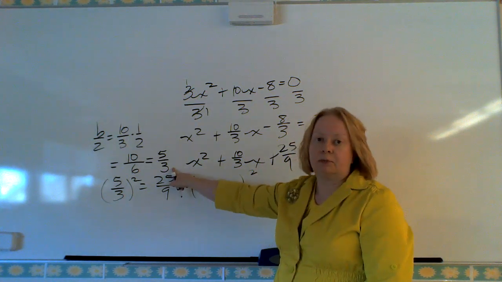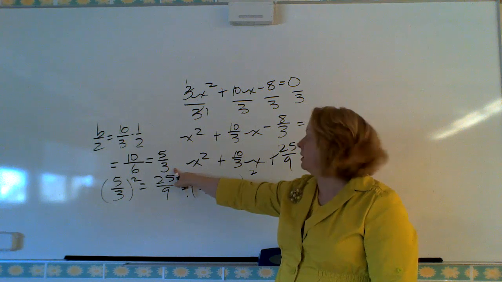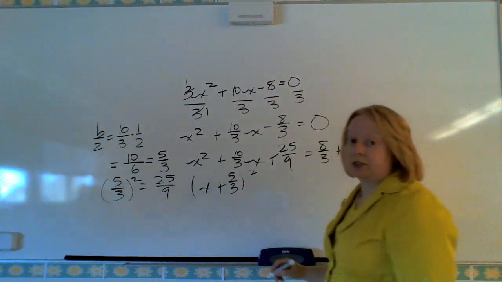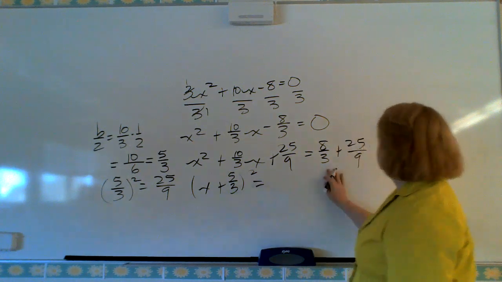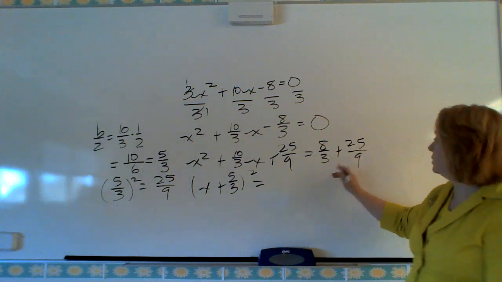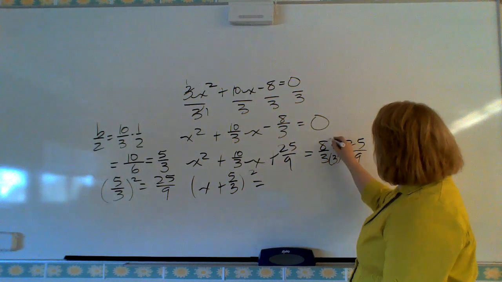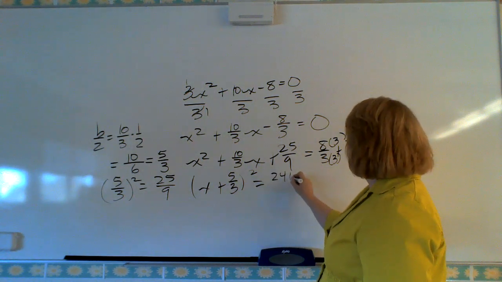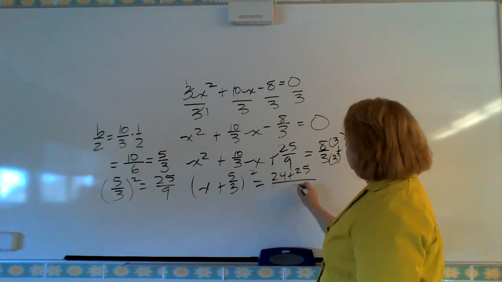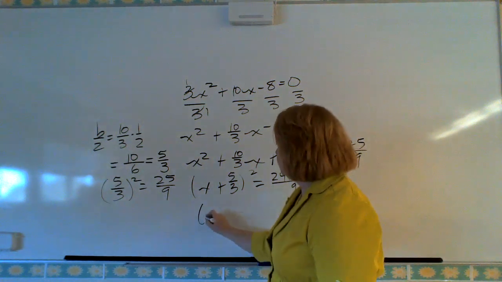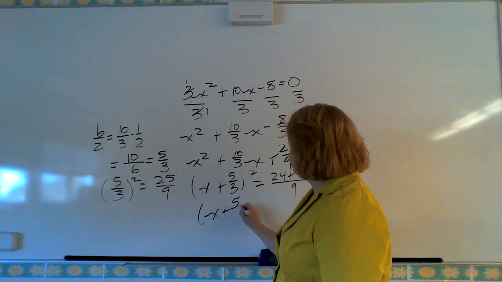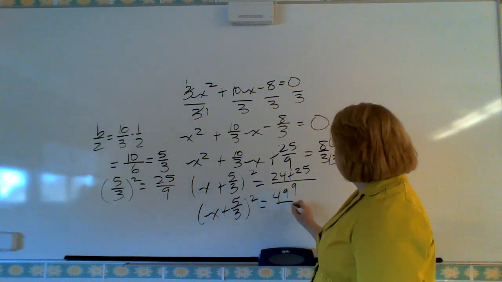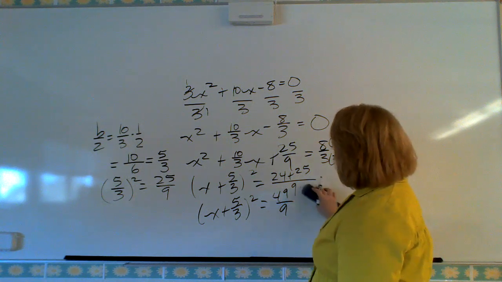And remember, it's always going to be b/2 here, so it's going to be plus 5/3 quantity squared equals, and then I have to get a common denominator, so I'm going to multiply by 3. So then I'll have 24 plus 25 all over 9. So x plus 5/3 squared equals 49/9.